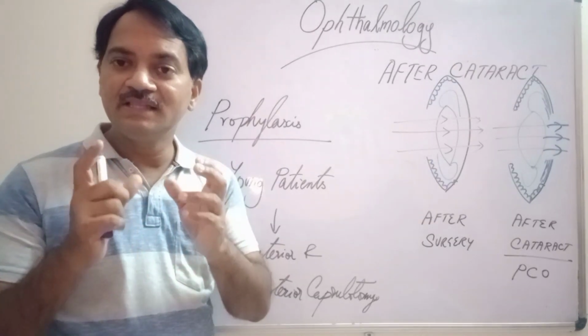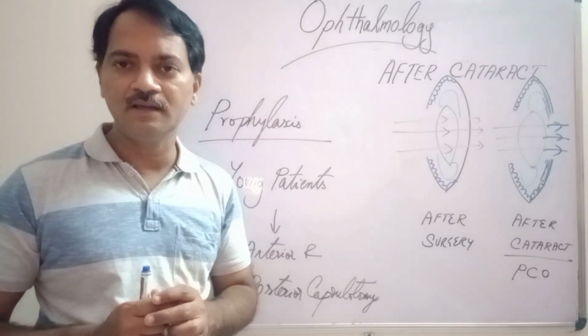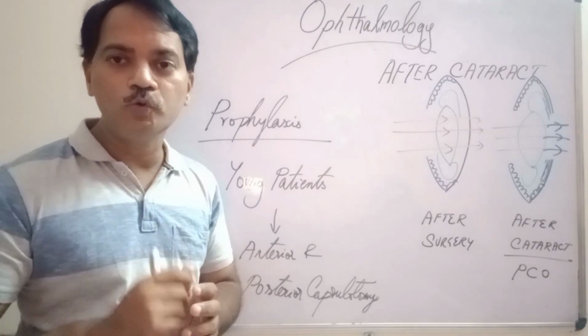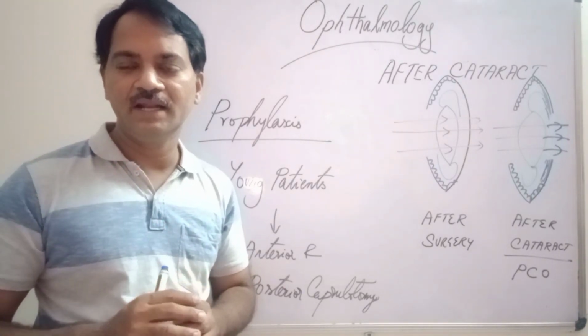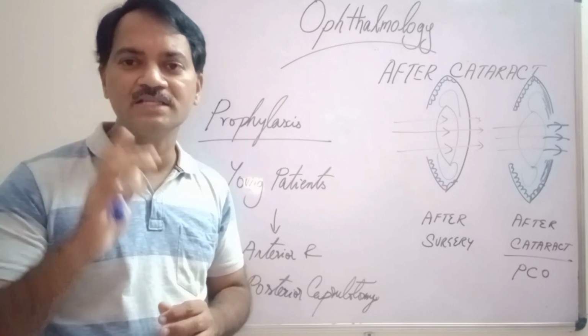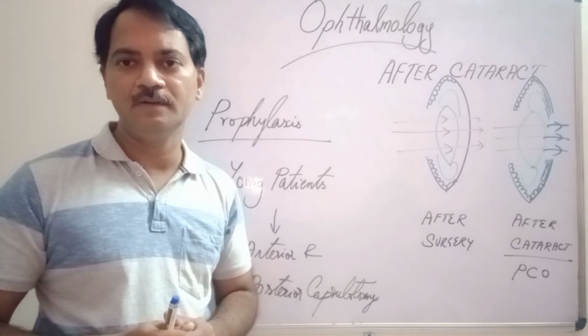If a very thick posterior capsular opacification develops, it is very difficult to do an ND-YAG laser capsulotomy. The laser may not disrupt the very thick opacity in young people.